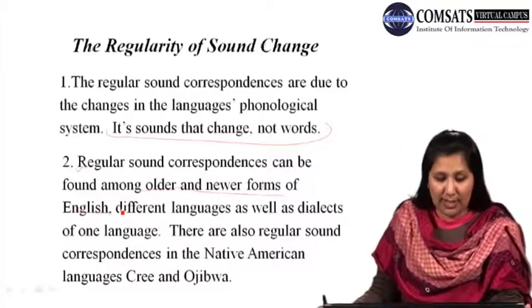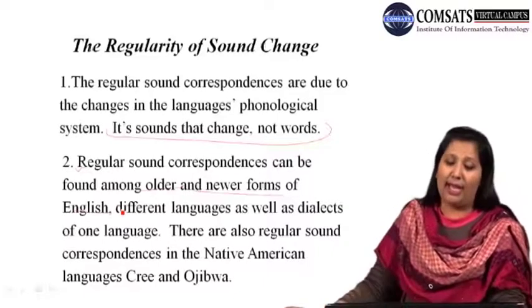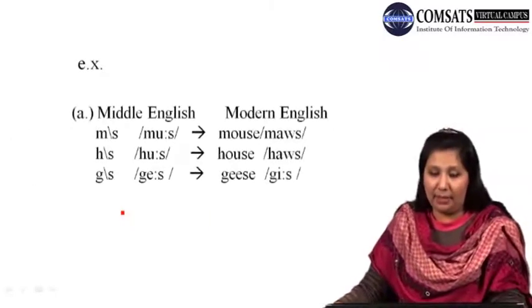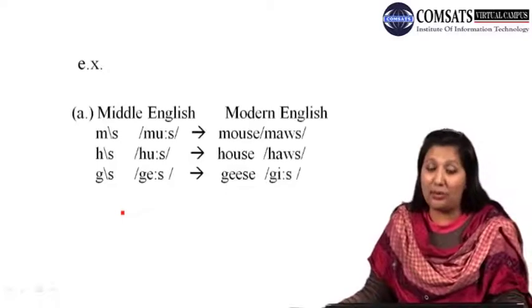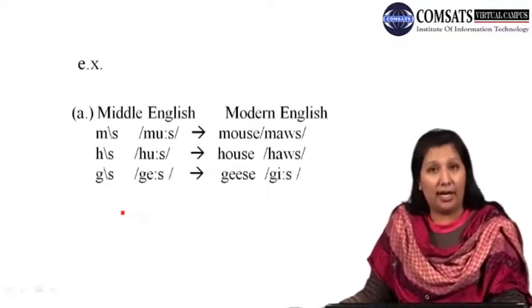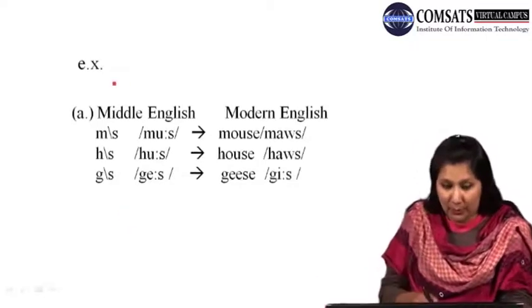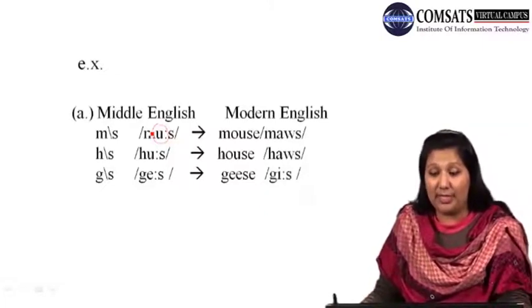There are also regular sound correspondences in the Native American languages Cree and Ojibwa. Yes, for example, in Middle English, let's see how things were pronounced in Middle English, and then how they changed into the modern English period. Look at the word. This is moose. It is nowadays pronounced as mouse.